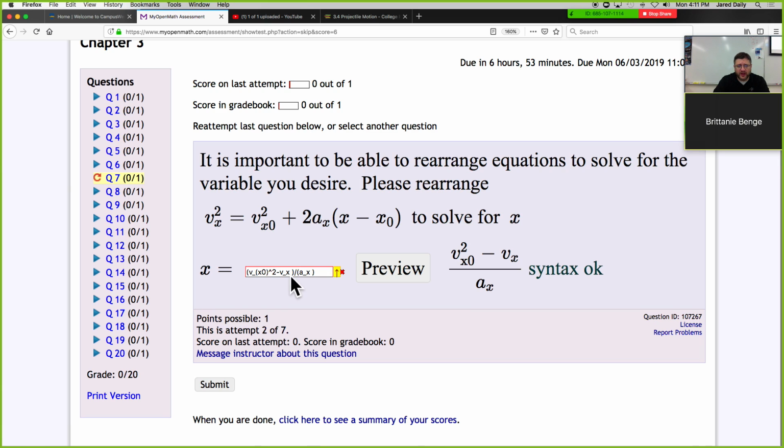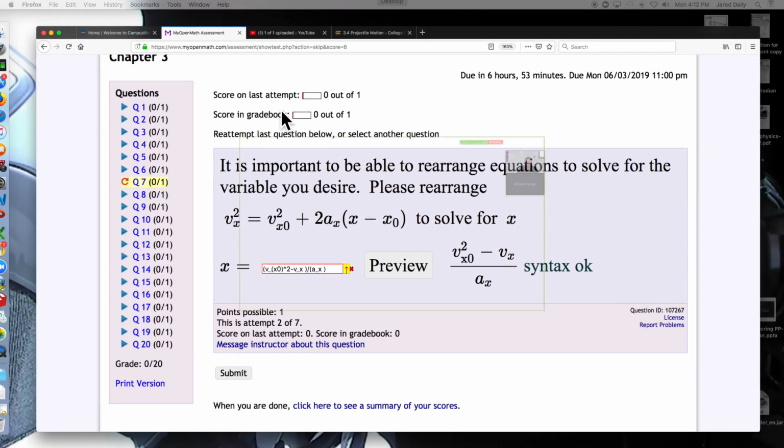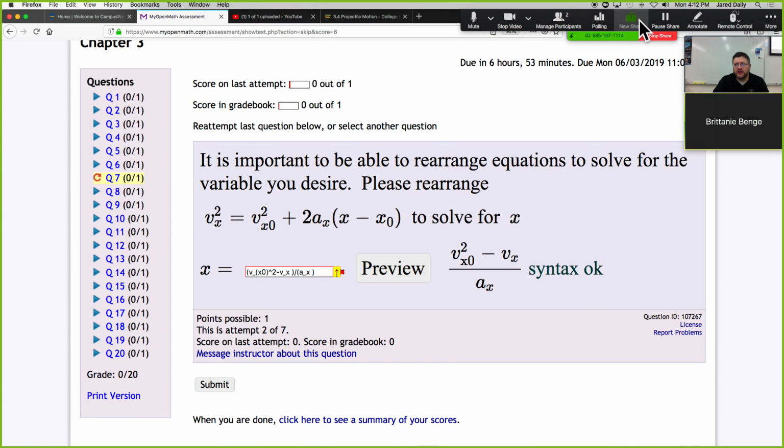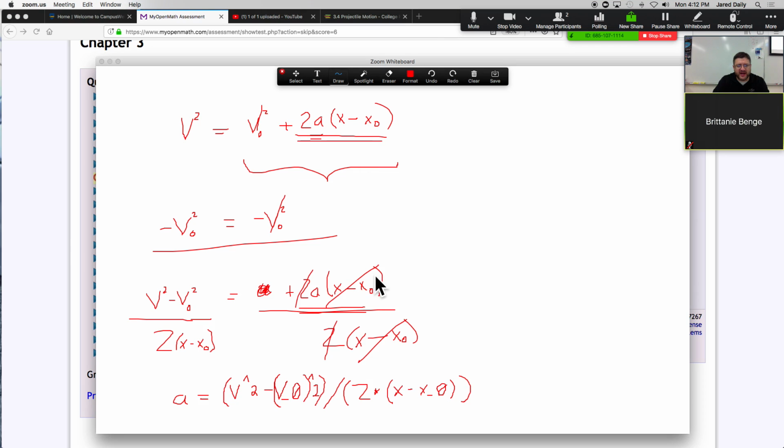So you can see here that they put in the parentheses, the X0 parentheses there. And let's actually go back and look at my version on the whiteboard, because that one, see, I don't have the VX0 here. I should put a VX0, V sub X0 here, and this one should be a V sub X and then squared.